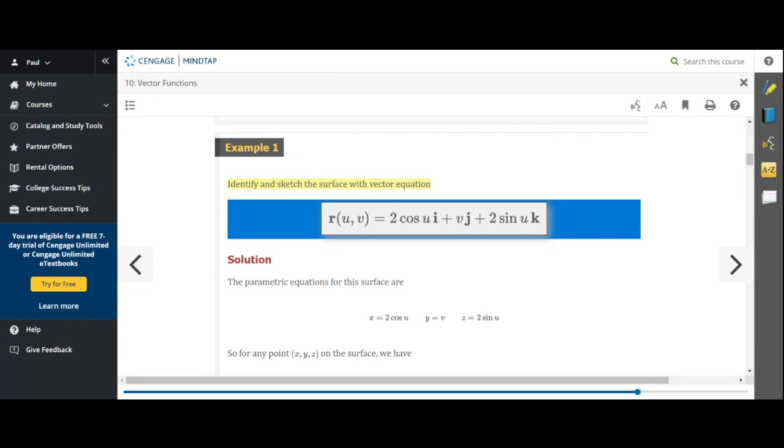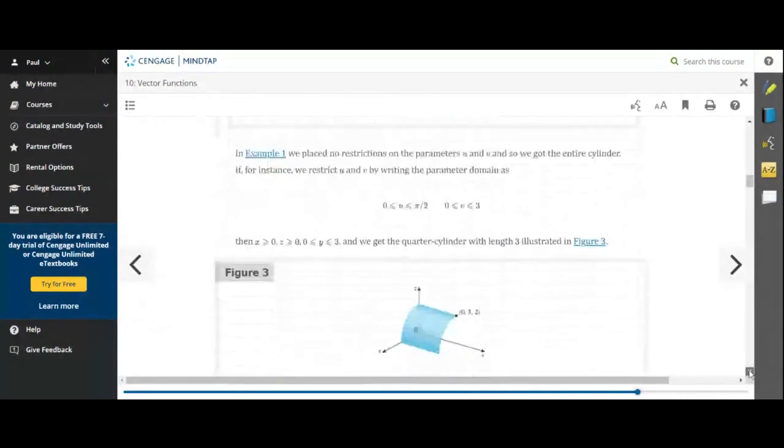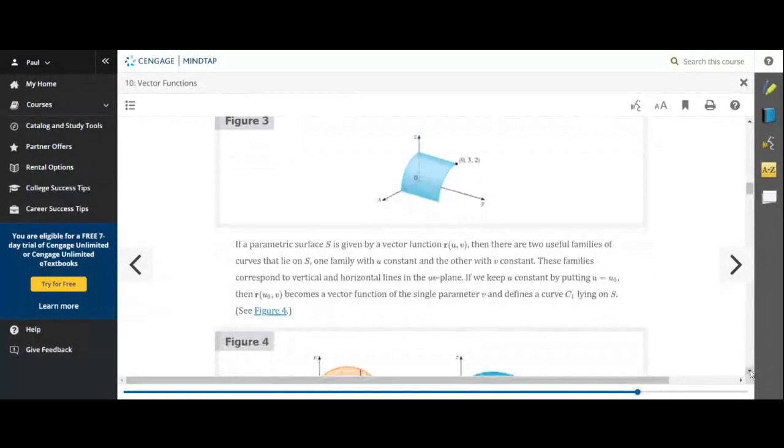And then if you restrict v to be between 0 and 3, that means the y-axis would only go from 0 to 3. So this would be your result. Sometimes you have to put restrictions on your parameters, depending on what surface you're trying to get.